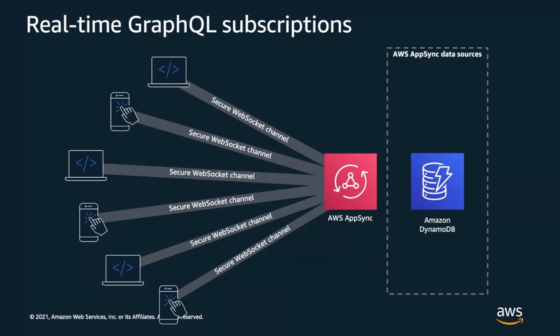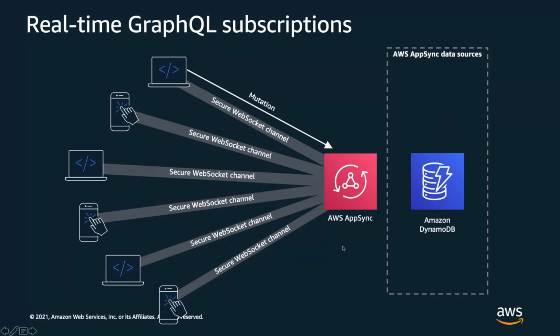So in this specific example, we have multiple clients, mobile clients, web clients, desktop clients, all connected to the same AppSync single endpoint. And we have a single DynamoDB table as a data source, but that's not important. It works the same way with any supported AWS AppSync data source.